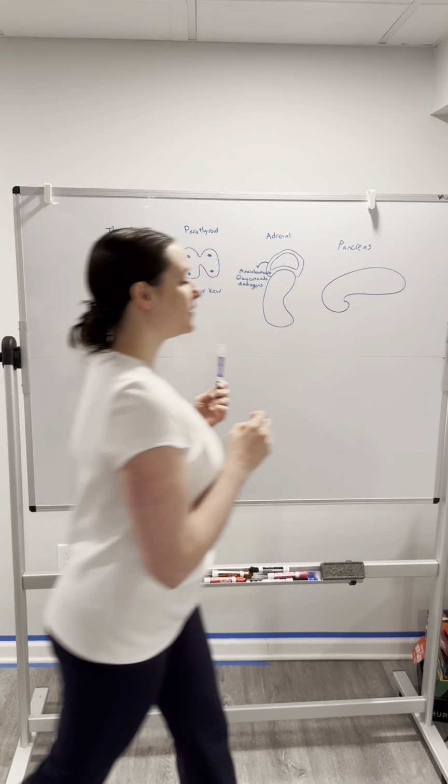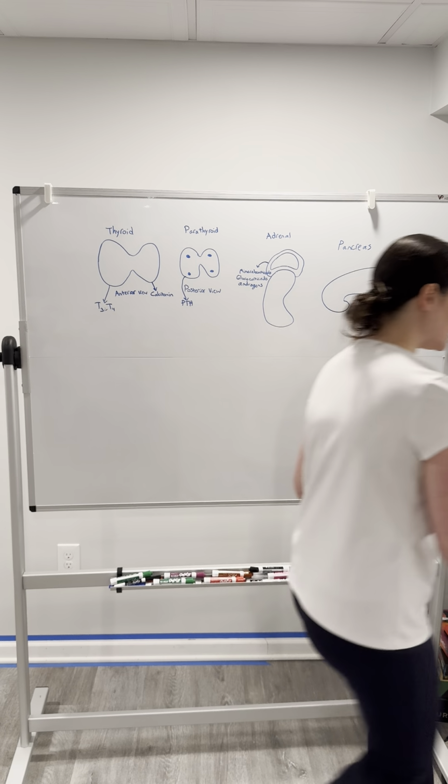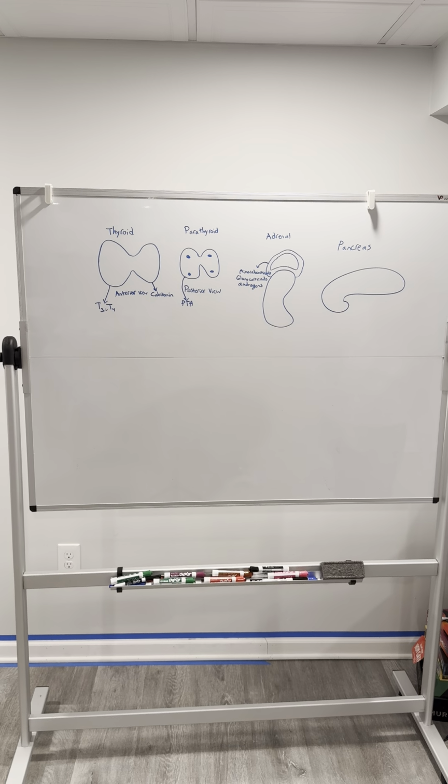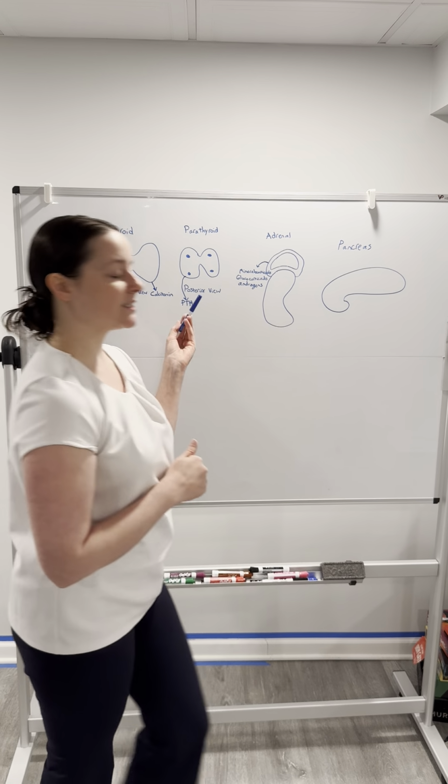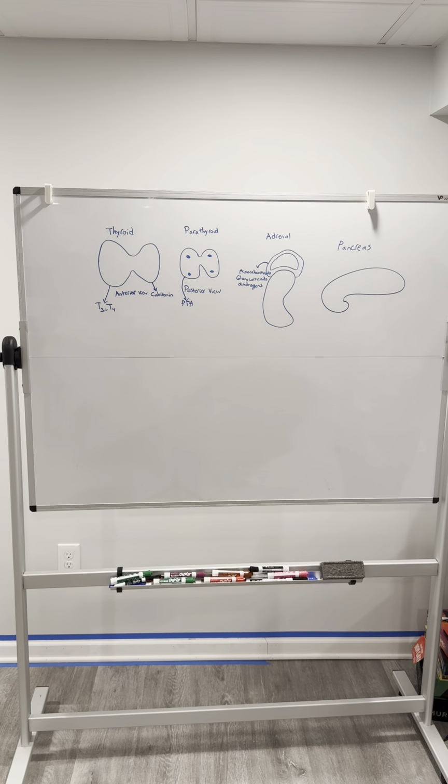Alpha cells in the islets secrete glucagon. Beta cells secrete insulin. Delta cells secrete somatostatin, and F cells secrete pancreatic polypeptide. Glucagon increases the blood level of glucose if we have too little of it. Insulin decreases the blood level of glucose, so those work antagonistically to each other.